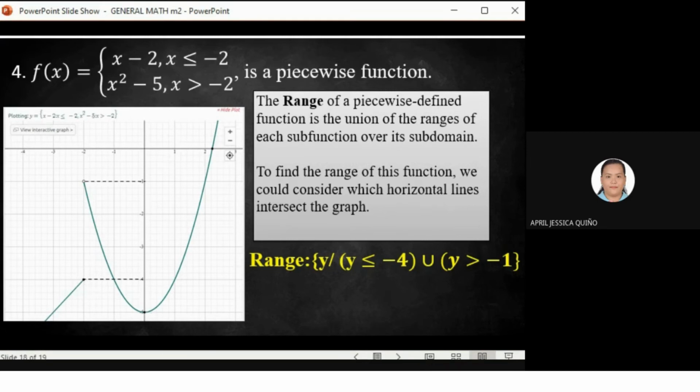For the other function, the reason why we use greater than is because we have a hollow point here. When we say hollow, hindi siya shaded or hindi siya solid. And the function is going upward, so it means that y are all numbers greater than negative 1. So that's how you're going to write your range if you have a piecewise function.